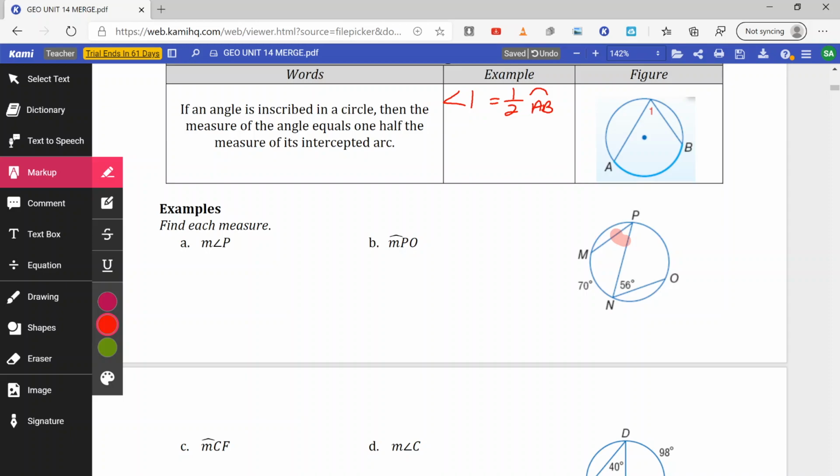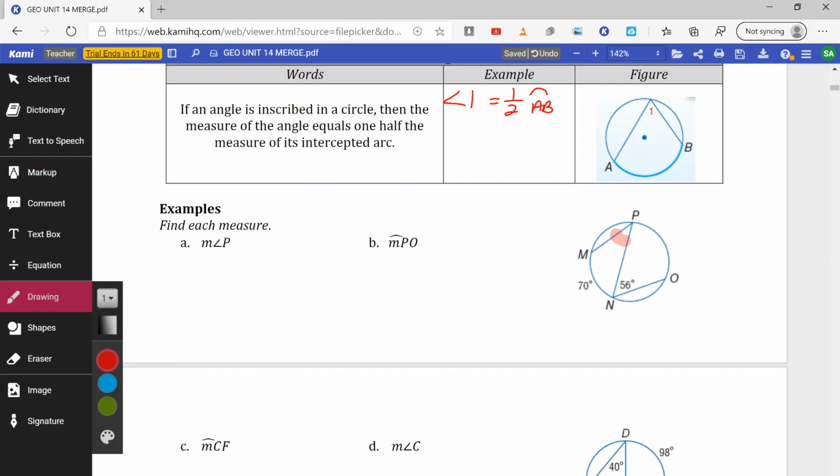Here the intercepted arc is MN, so angle P is half of arc MN. According to our diagram, MN is 70 degrees. So I cut it in half, and angle P is going to be 35 degrees.